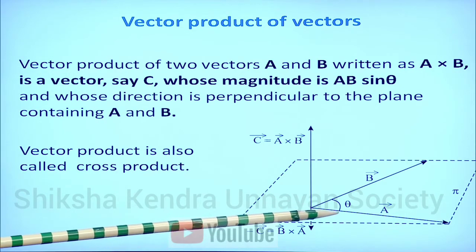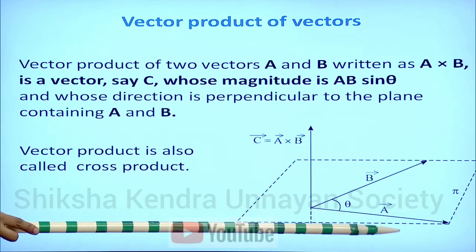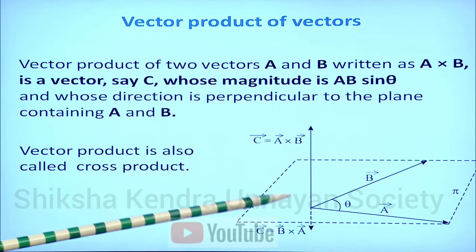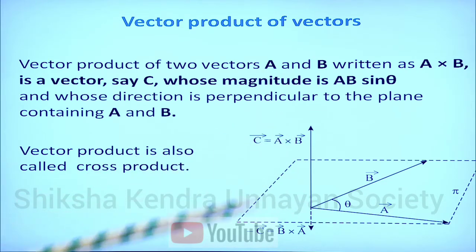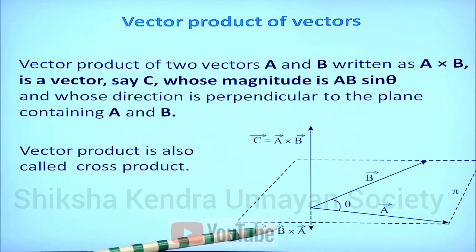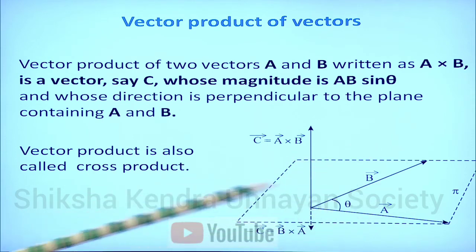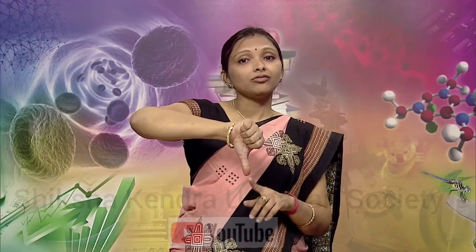Here, if we are taking A cross B, then A to B is in anti-clockwise direction. If we are curling our fingers from A to B in anti-clockwise direction, then the direction of the thumb will be upward. So, the direction of vector C will be upward. But in case of B cross A, it will be in clockwise direction. So, if we curl our fingers in clockwise direction, then the direction of the thumb is downward.